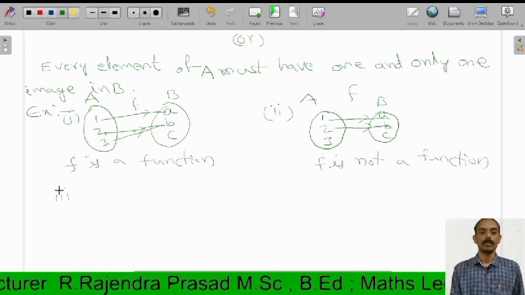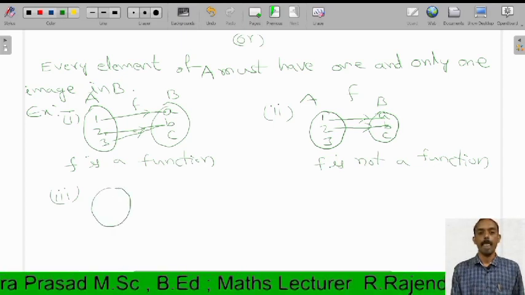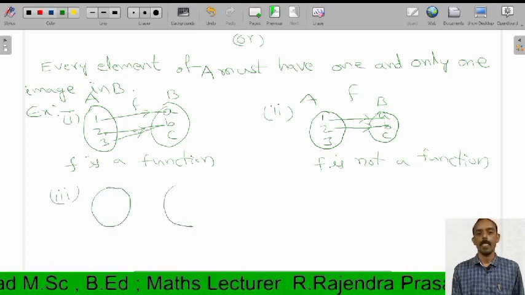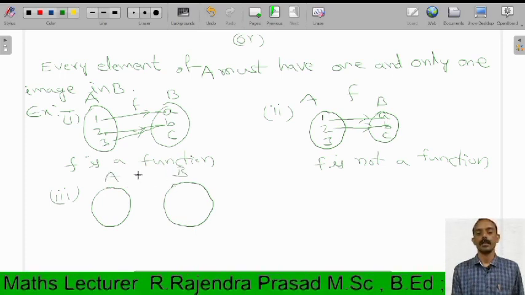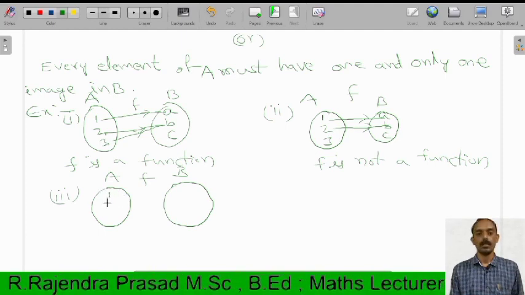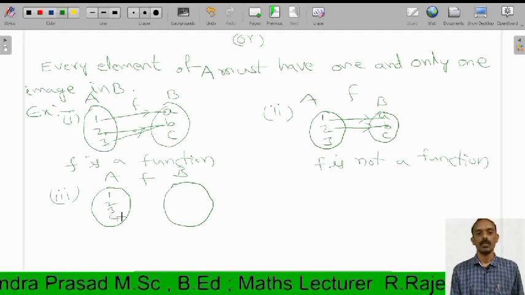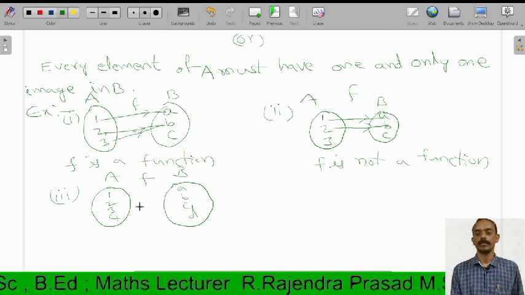Another example. A and B, F is a function. Here A is 1, 2, 3, 4 and B is a, b, c, d.